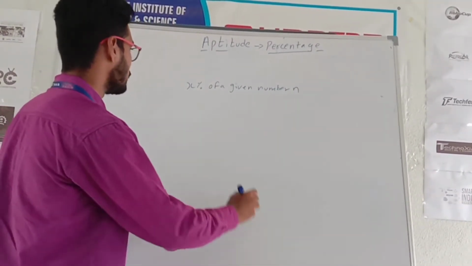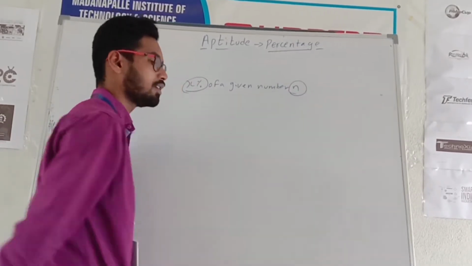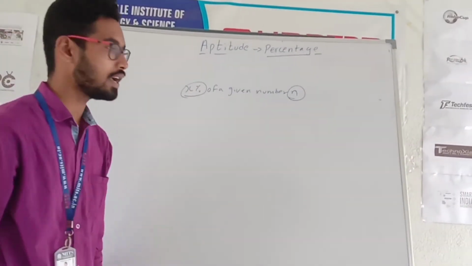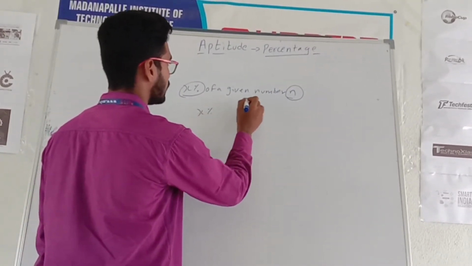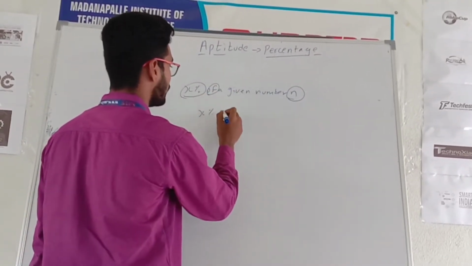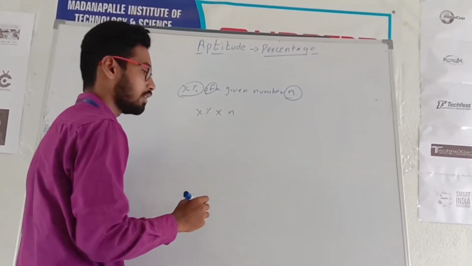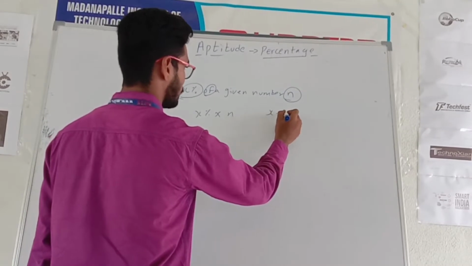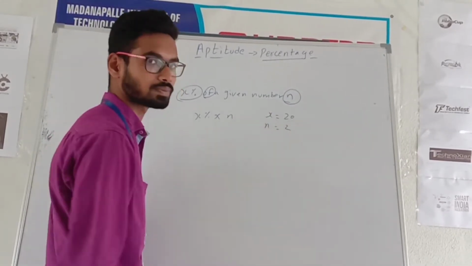Just take the percentage as a number and the given number as a number, multiply them and you will get the answer. Here "of" means multiplication. X percentage of n, suppose x is 20 and n is 2.